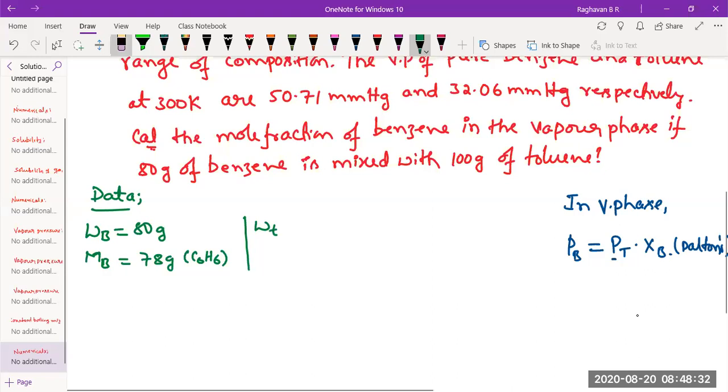B and T, 0.6. Final answer, huh? Yes, sir. What is that 0.6 mean? Mole fraction of benzene. Okay, proceed.